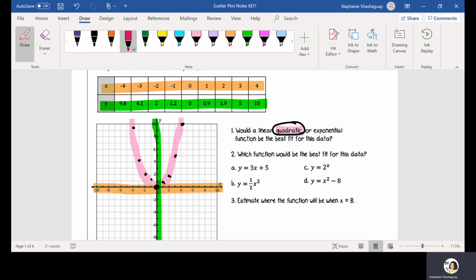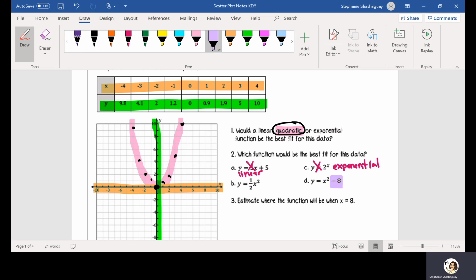Well, I like to use process of elimination. So A, I know is not the right fit because that is a linear function. So I can cross that out. B is not the correct fit because that's an exponential function. Okay, then I have C. Both B and D are quadratic, but something's standing out to me over here on D. See this -8?